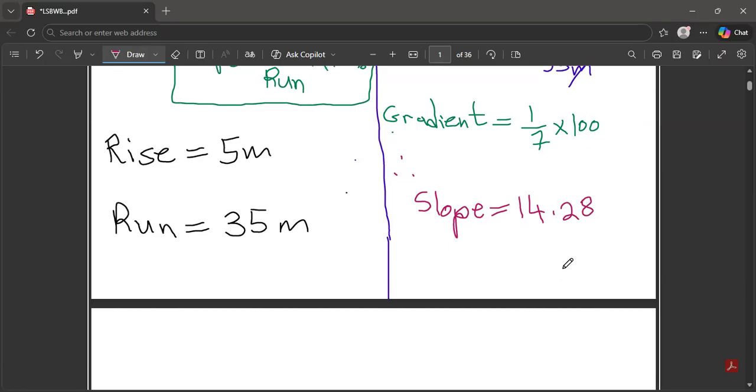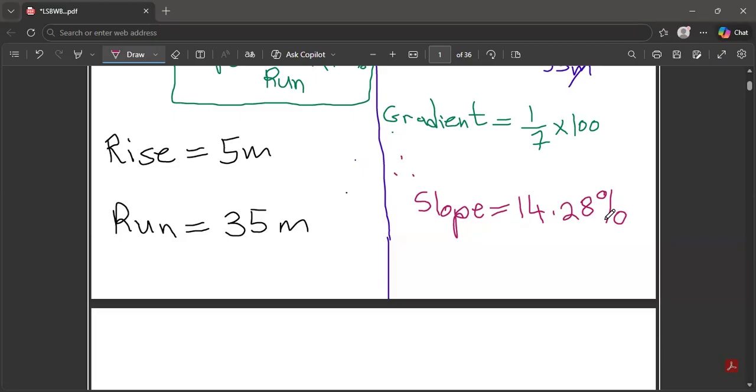But we said that slope can also be written as what? 1 in n. We're going to compare this answer to 1 in n. But since slope is always expressed as a percentage, don't forget to add a percentage sign to your answer so that at the end of the day, you can always be on the right path.